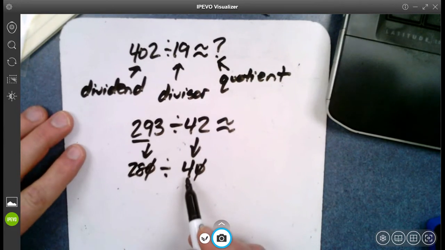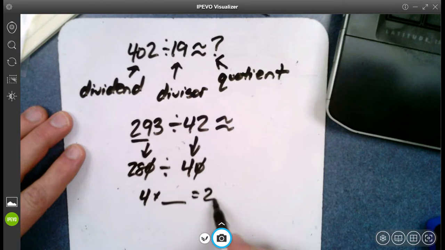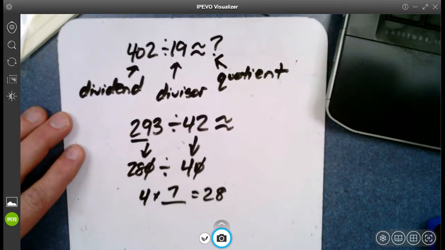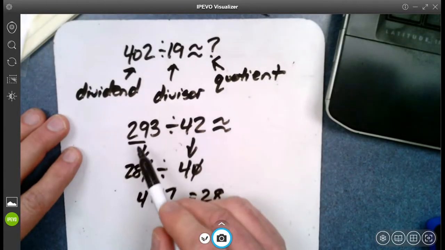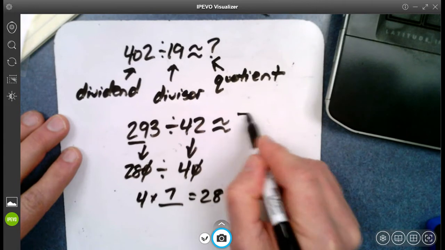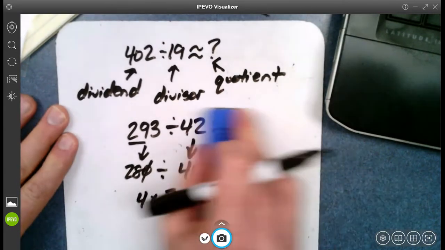Or if I want to use the inverse, 4 times what is equal to 28? Well, 4 times 7 is 28. So that means the estimate of 293 divided by 42 is approximately 7. Okay. Let's take a look at another one.